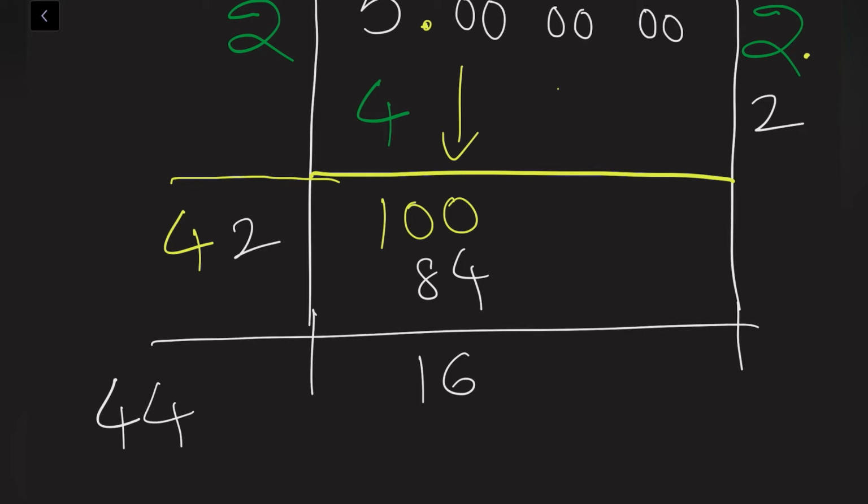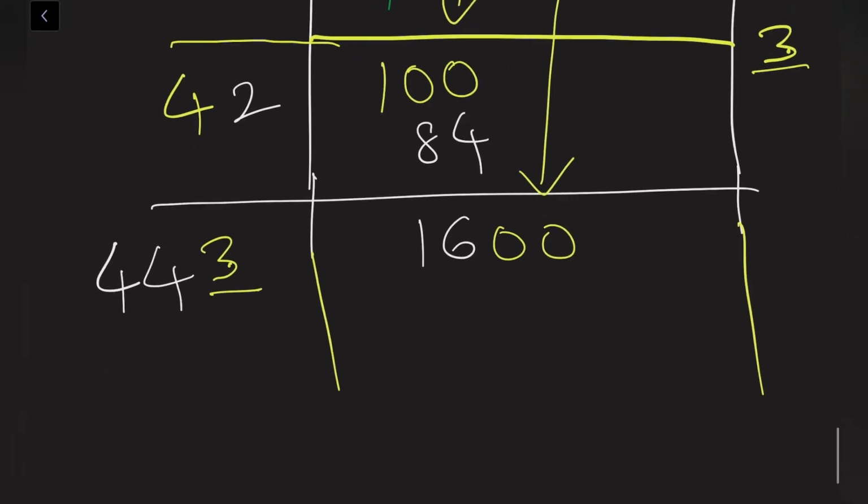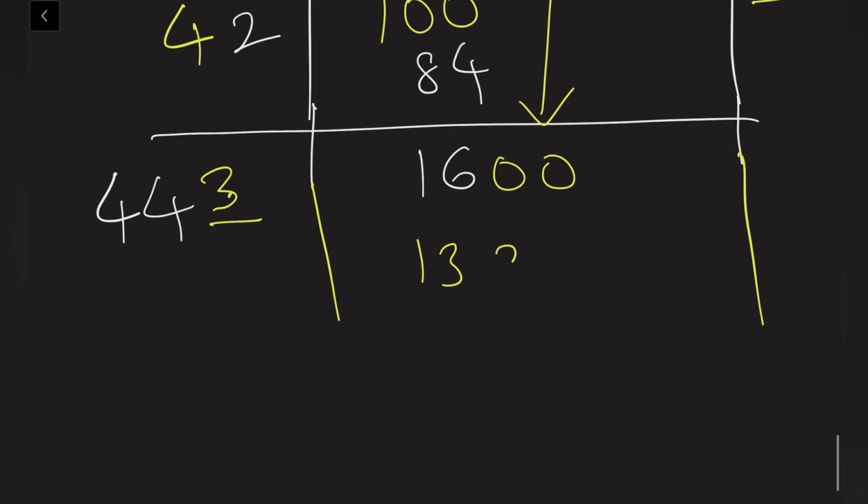Now drop 2 more digits again. It will become 1600. Now beside this 44 and beside this 2, we need to write one more digit. So what will it be? If I write 1 here, here also 1 compulsorily. If I write 2 here, here also 2 compulsorily. So like that, 3 will be satisfied. 443 threes are 1329.